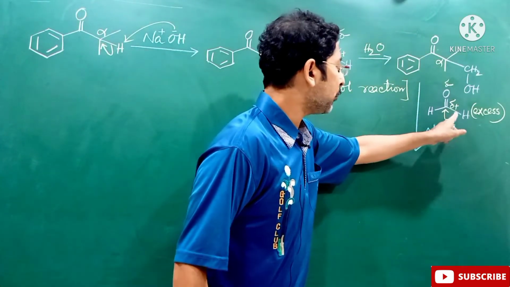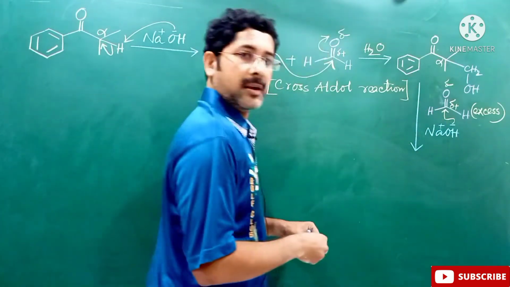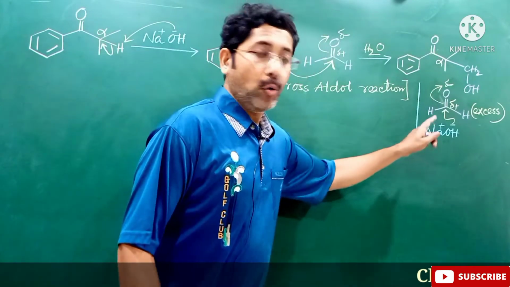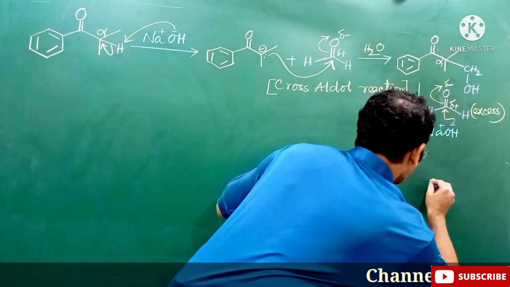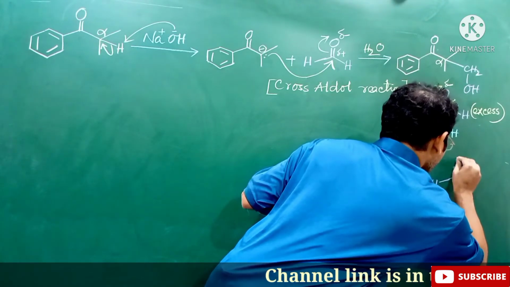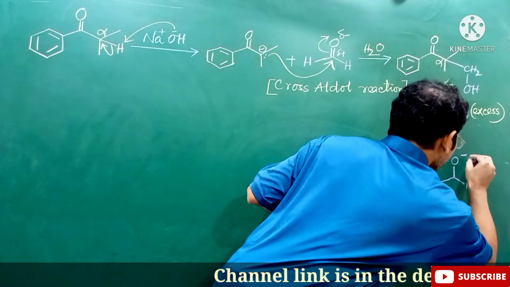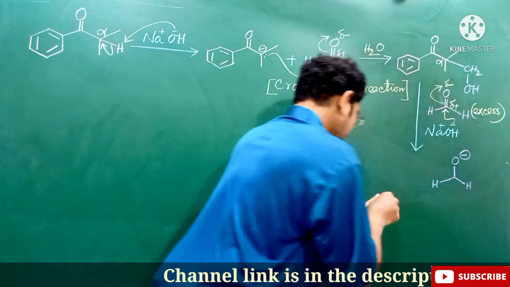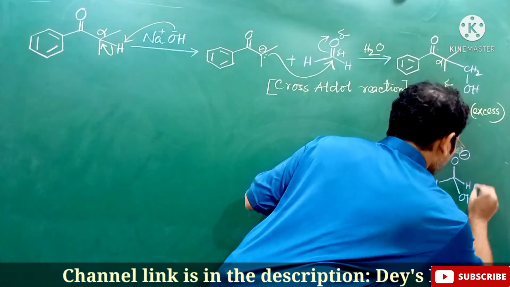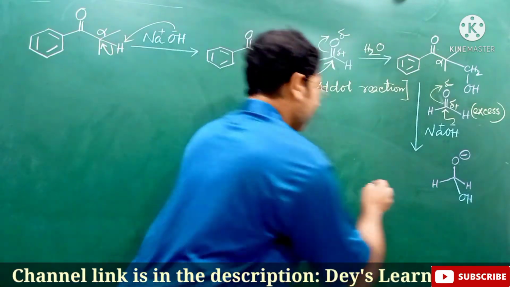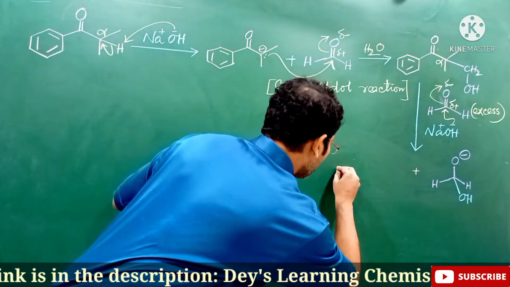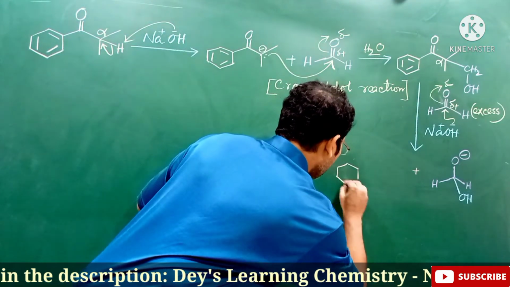So OH- will react as a nucleophile and this pi bond will open up. Now what will happen? This one is H, this one is O-, this one is H, and this one is hydroxide. And obviously this is our substrate, the product obtained in the first step.